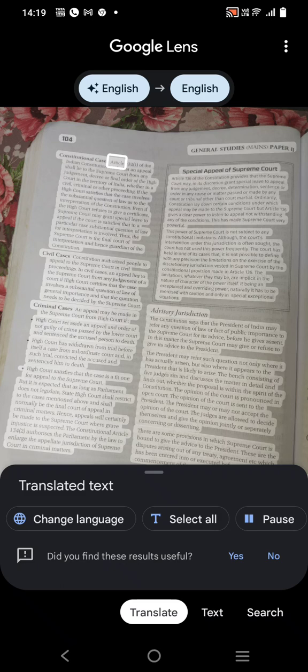Constitutional cases. Article 132(1) of the Indian Constitution says that an appeal shall lie to the Supreme Court from any judgment, decree or final order of a High Court in the territory of India, whether in a civil, criminal or other proceeding, if the High Court certifies that the case involves a substantial question of law as to the interpretation of the Constitution.